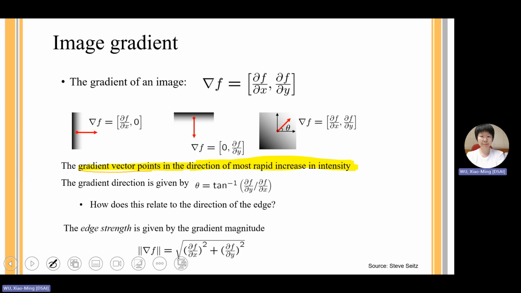And remember, we say edges occur when there's a significant change in image intensity. So the gradient direction represents the most rapid change in this direction.